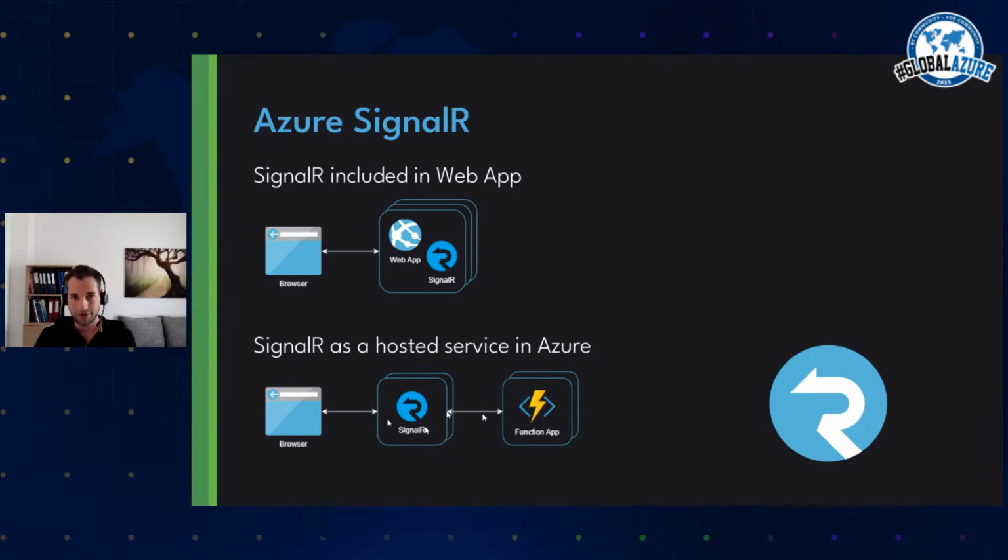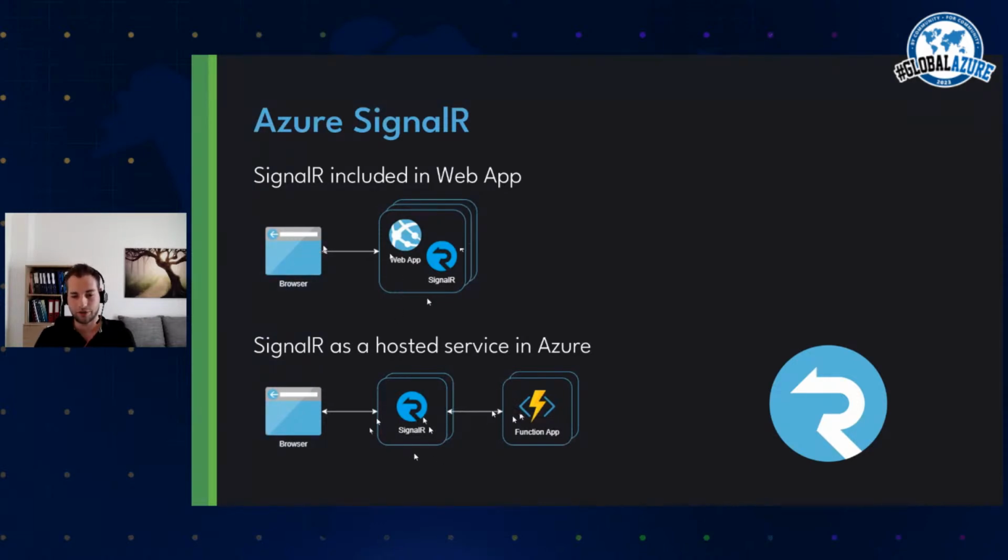And the advantage of this mode of operation is that we don't need to keep our app running, because if you look above here, there always needs to be at least one instance running of our web application in case some user comes and wants to connect to the SignalR service.